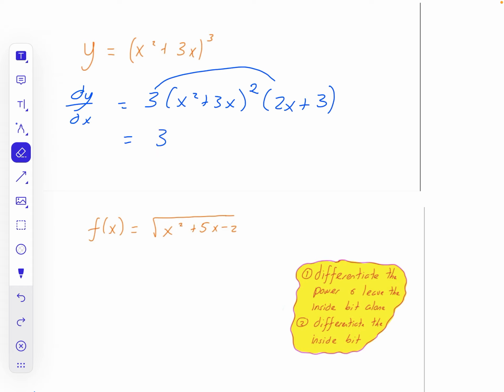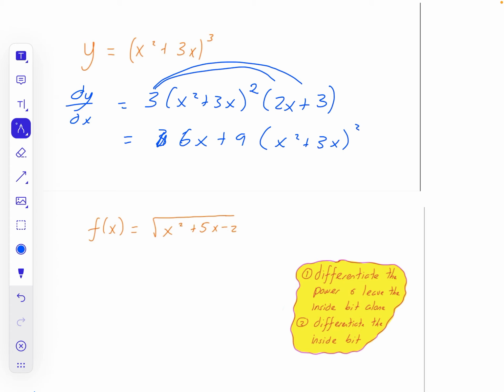Multiply 3 by 2x, that gives me 6x, and then 3 by 3, that gives me plus 9, all multiplied by x squared plus 3x all squared. That 3 was easy to multiply into that bracket. I'm not going to square out the other bracket, just tidy it up a little bit.